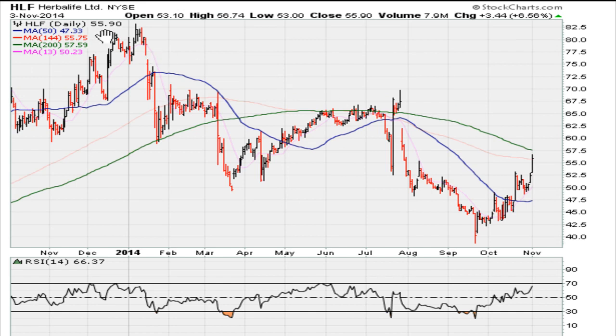Let's go to Herbalife, which as of yesterday's close looked like it was breaking out, and somebody could have argued that it was poised for a good earnings session. So it was breaking out there above the previous recent daily closing high, so anybody playing a long side breakout would have gone long there.